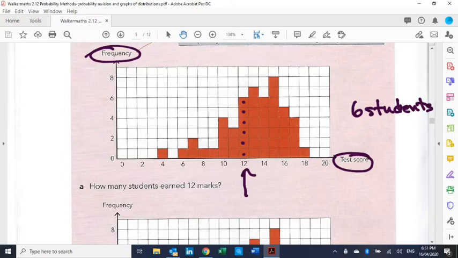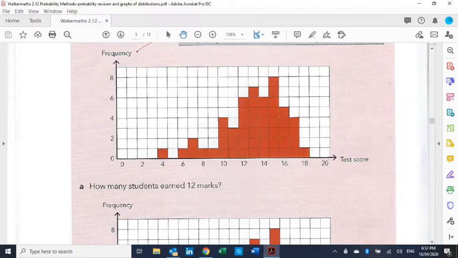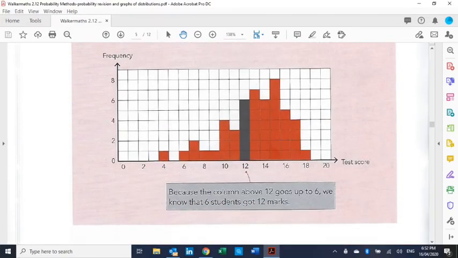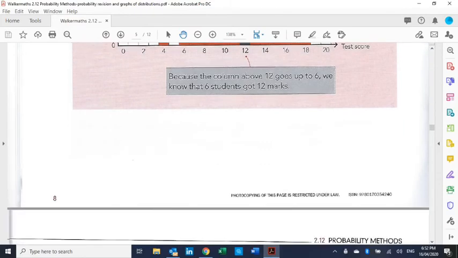So when you have just one of them, it's simply a matter of counting them. Pay attention to your scale here, though. They could be counting in different scales. This could have been 20, 40, 60, 80. So make sure you watch, because your scale can represent different values. So again, they just show you there, going up. So 6 students made 12 marks.